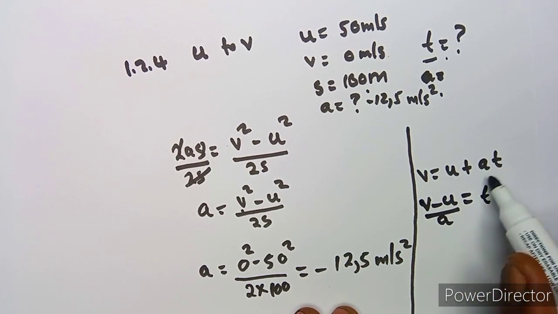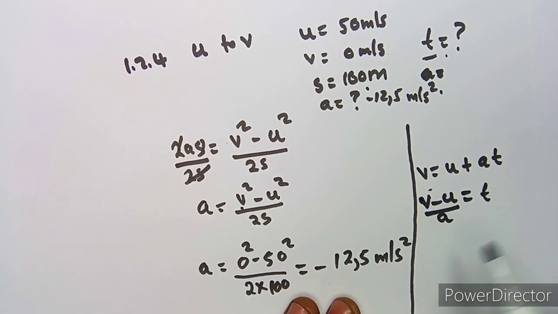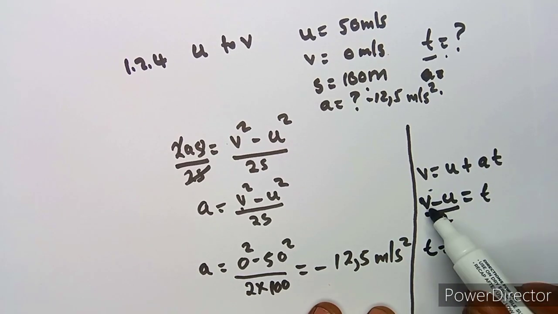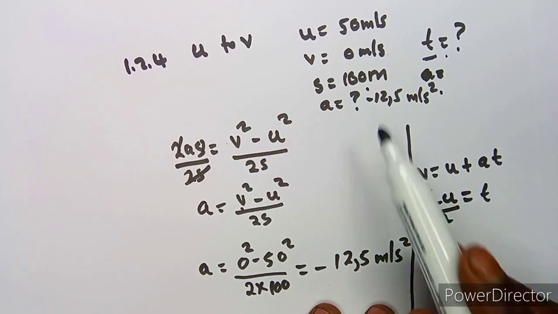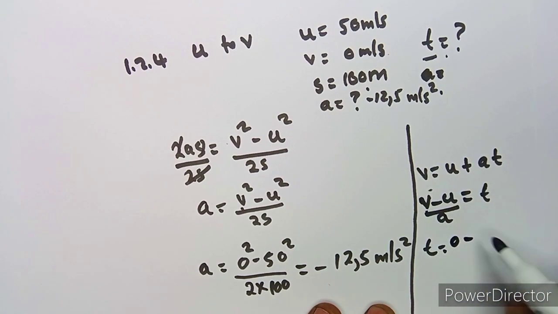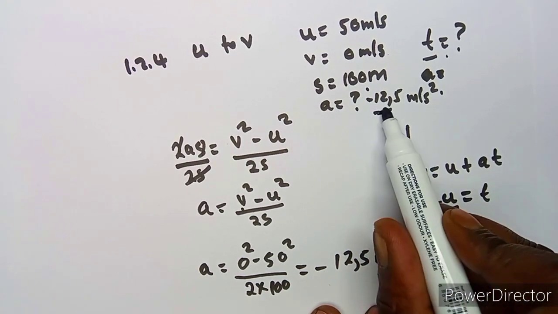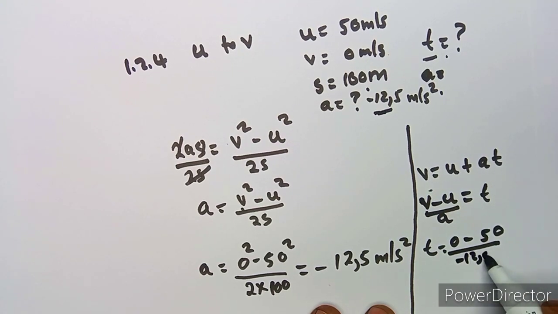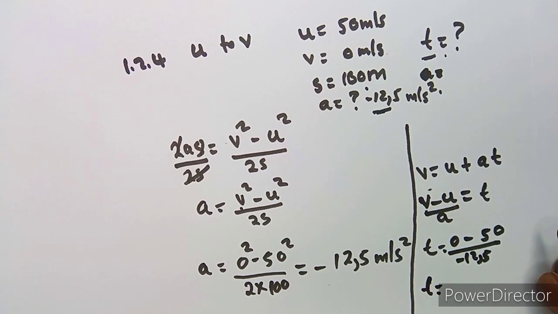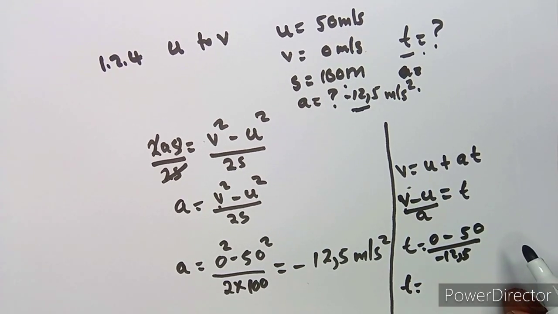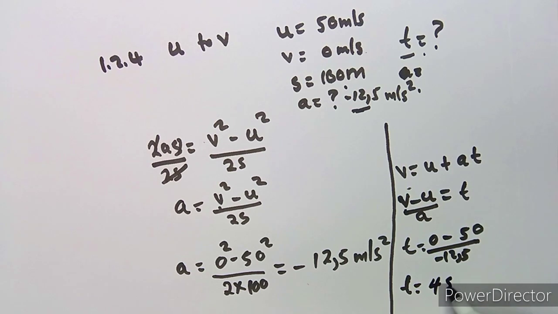So t is equal to 0 minus u, where u is 50, over a. With the acceleration of minus 12.5, we have our time in seconds, which gave me 4 seconds.